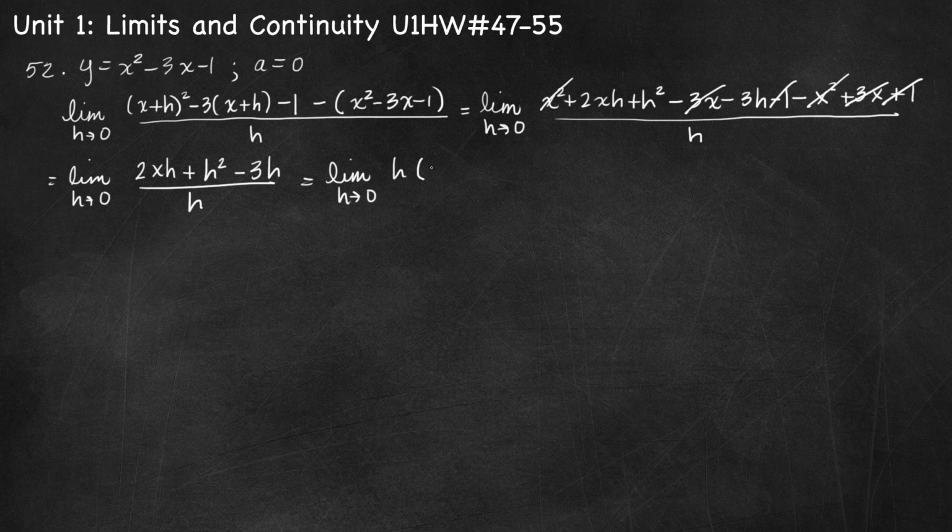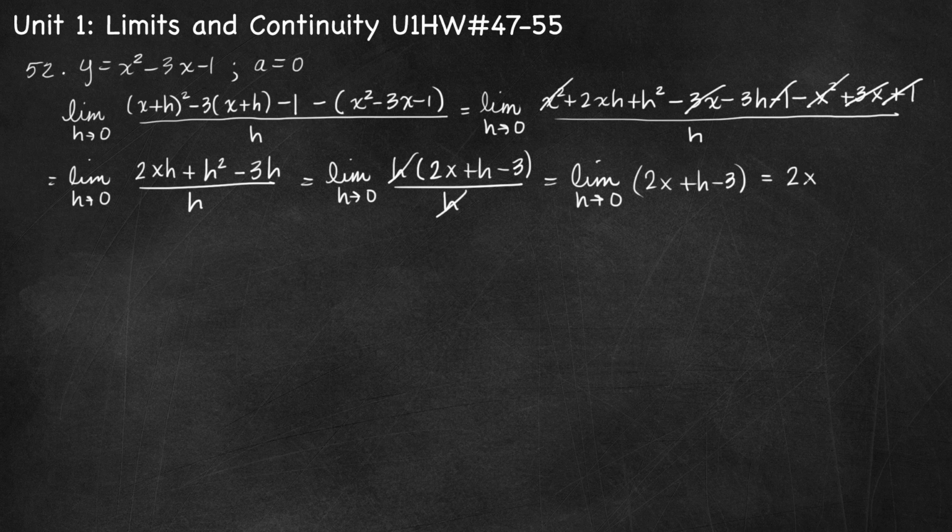H times 2x plus h minus 3 over h, and where the h's cancel out, we have the limit as h approaches 0 of 2x plus h minus 3. Now I'm ready to substitute 0 in for h to find that limit, so I can drop the limit from my notation.